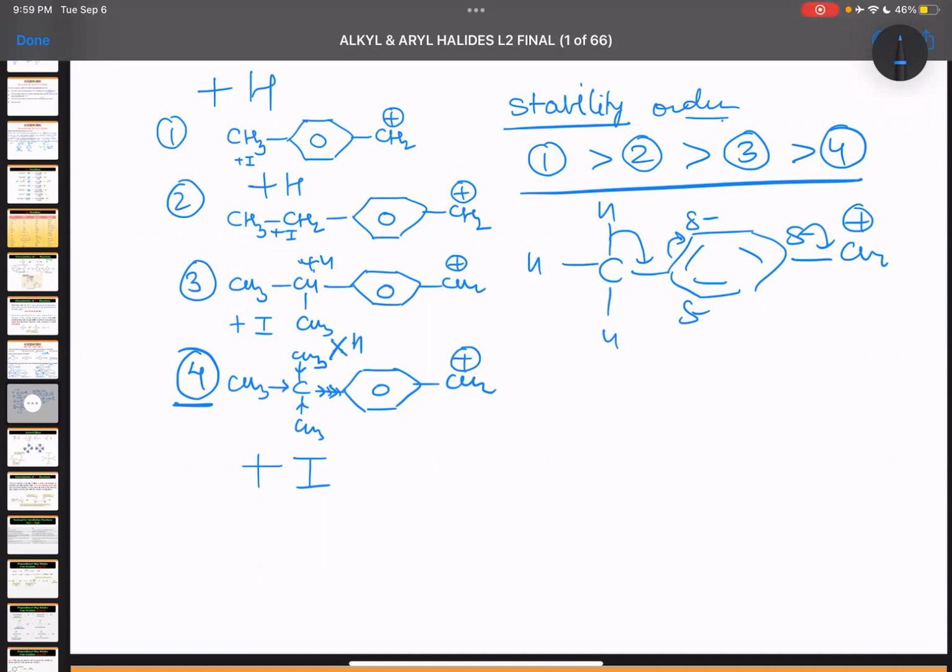But always when they did the experiment, they saw that the first one is more stable, followed by second, third, and the fourth one was found to be the least stable. So it means that there was something they were not aware of at that point of time. And what was that something?